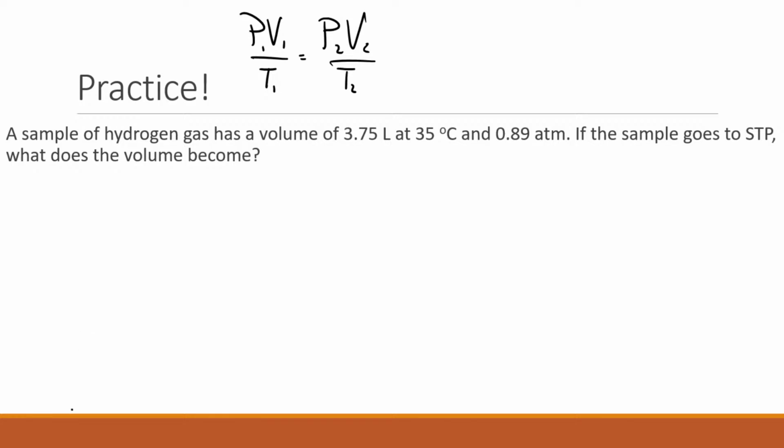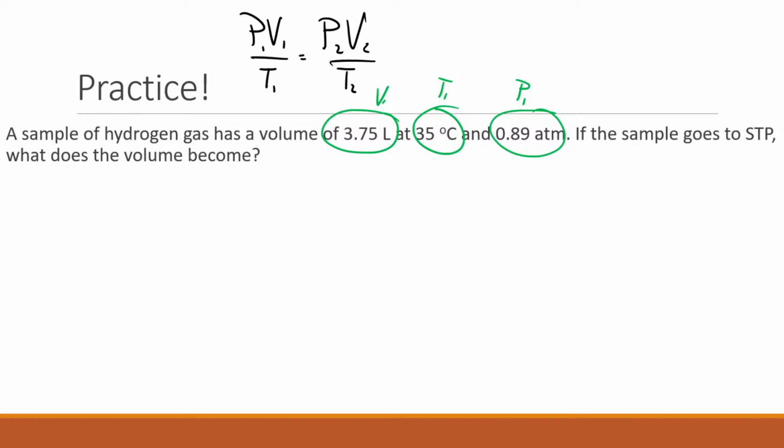But let's just analyze what they've given us in the problem so far. In the first sentence, they give us 3 numbers: a volume, a temperature, and a pressure. Those are the only numbers that they give us.